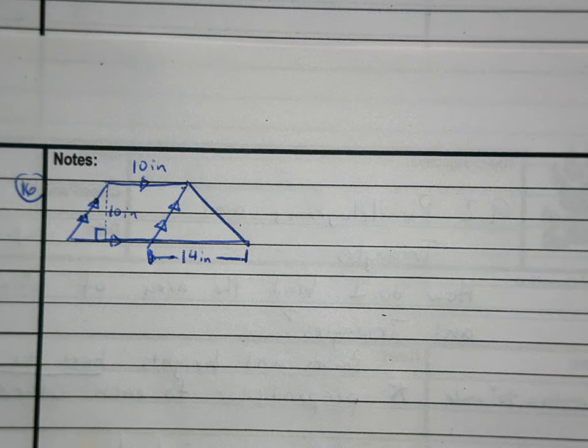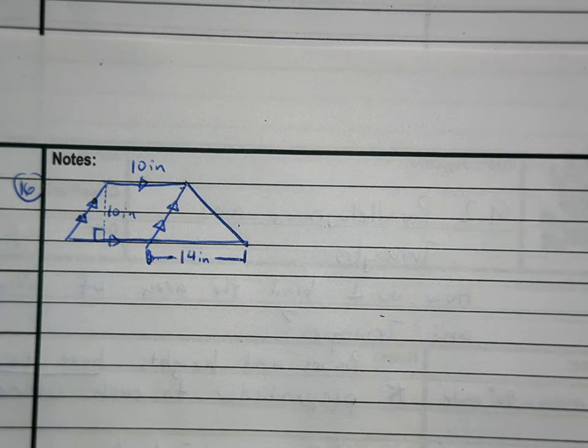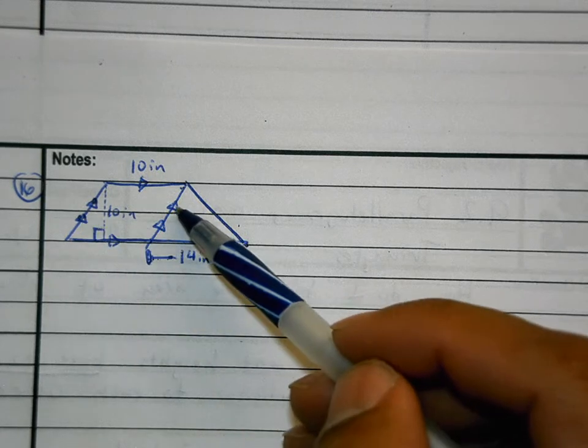You have two different shapes in this picture. We have a parallelogram and we have a triangle. Now, a couple of things I want you to know about that I don't know if I've ever explained to you, or it may not have been explained to you. See this little triangle and this little triangle?